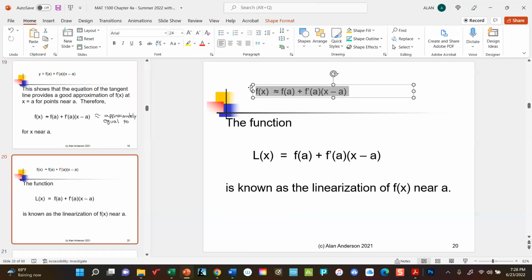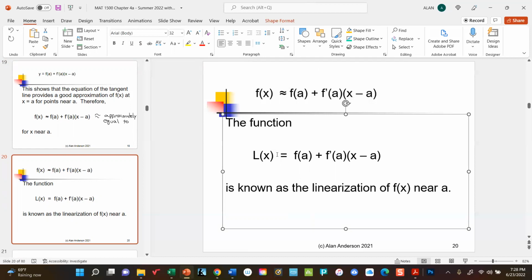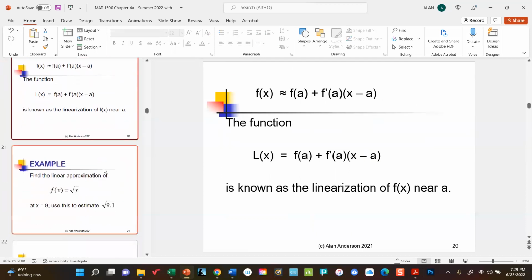You notice how this one uses the approximation symbol, but here L of x is defined as the right-hand side of this equation. In other words, this is the tangent line. So we know that this is approximately equal to the function at that point a, but they're going to call this the linearization. Just a reminder that the tangent line is a straight line.